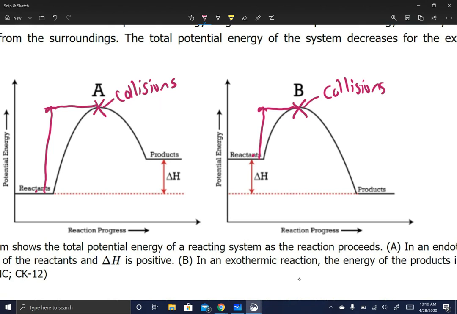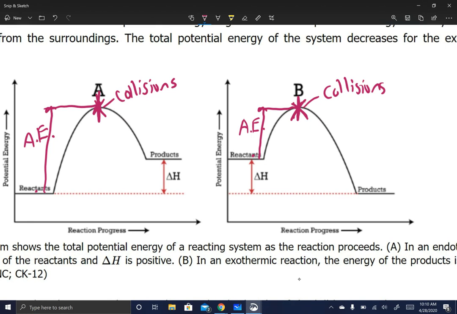So there's energy involved with going from reactants to the top of the peak. This arrow here, the energy needed to get to the top, is called activation energy, and I'll abbreviate it AE. So activation energy is the energy required to start a reaction, like turning the key in a car. So once you get here, now reactions can occur.